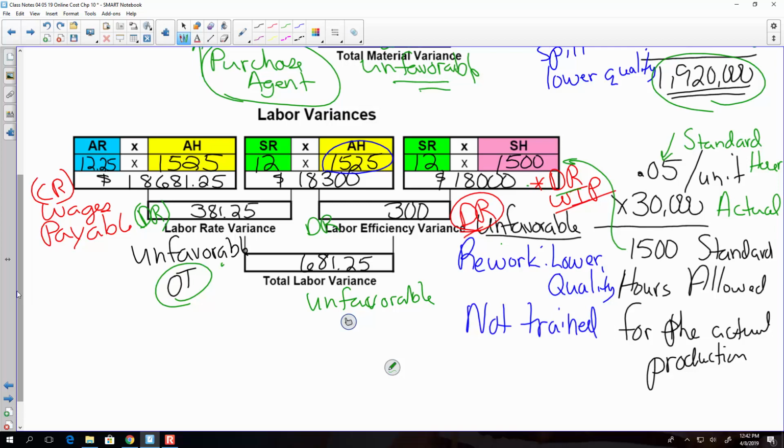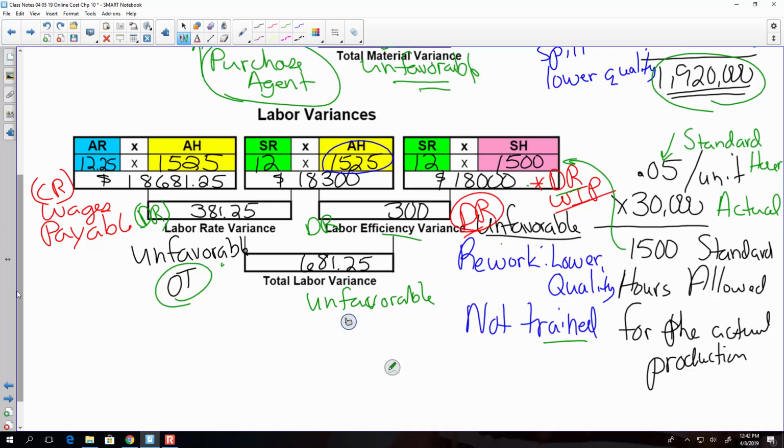And again, I have some causes here. Rate, I talked about overtime already, but with efficiency, maybe we're not trained well enough, maybe we had new equipment, maybe I had people that were missing and I had to put untrained people in positions. This is again another reason why standard costing is very often used in production to help us pinpoint where our problems are.